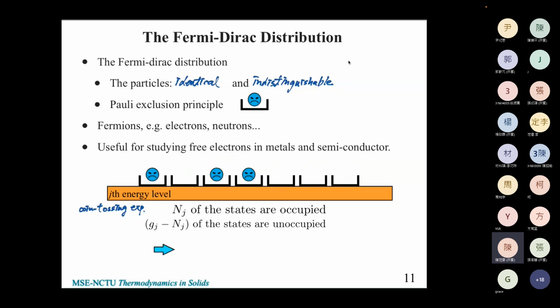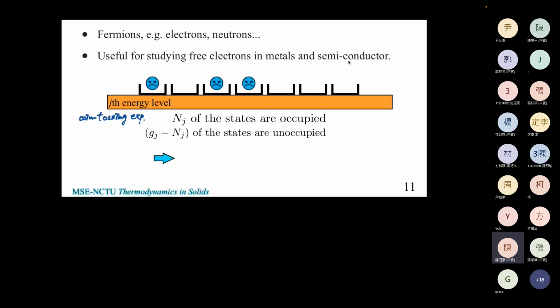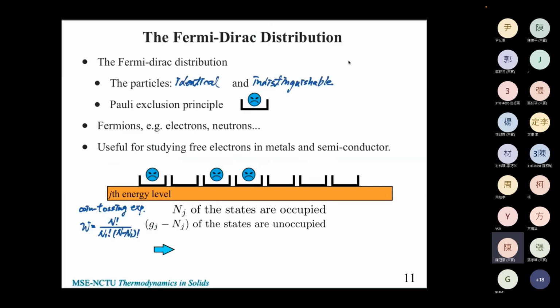So actually, they are really similar, so we can recycle our formulation. W equals n factorial over n1 factorial times n minus n1 factorial. So that's the coin tossing problem, really similar. Now we have Nj, the states that are occupied, just like head, and Gj minus Nj are unoccupied, just like tail.